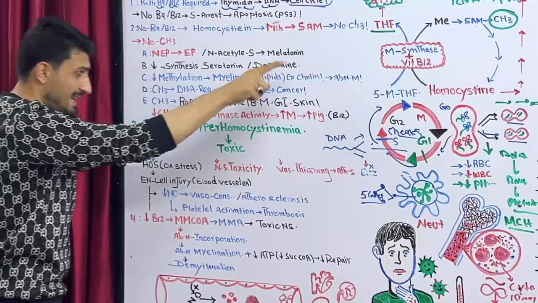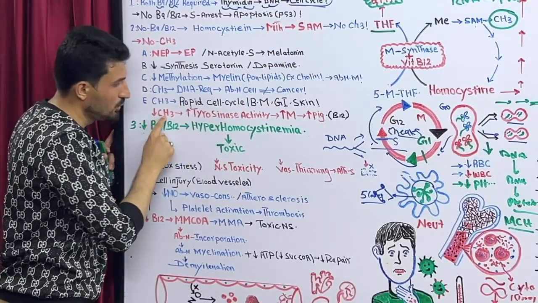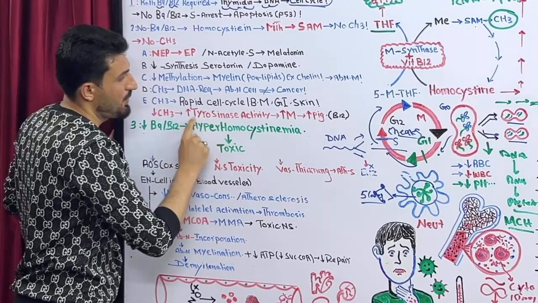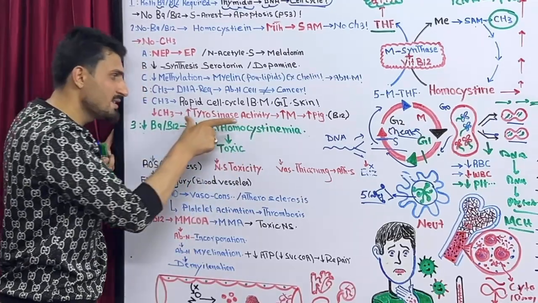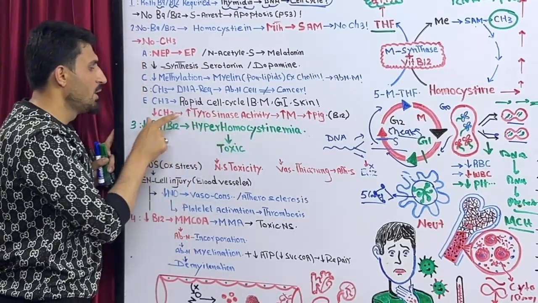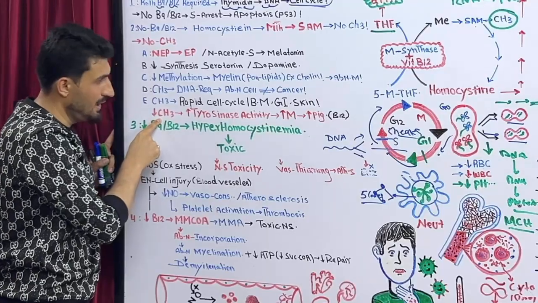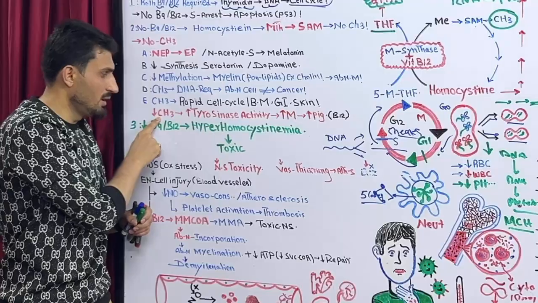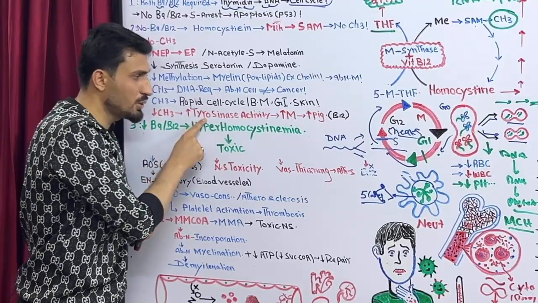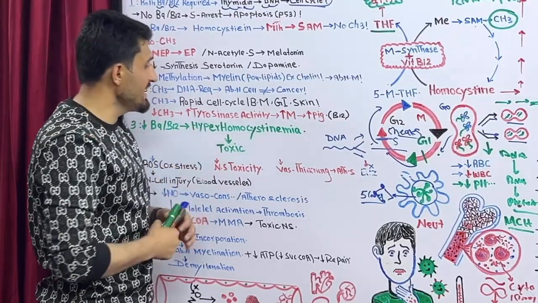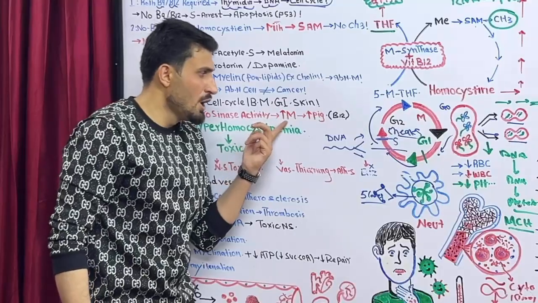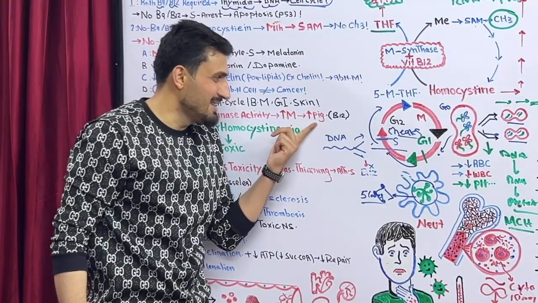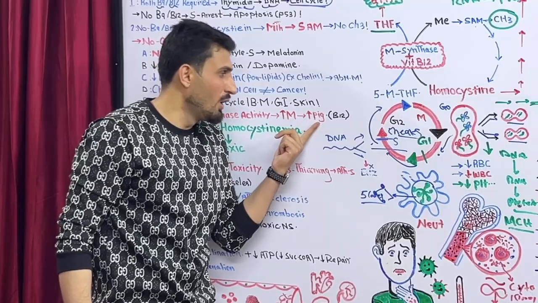Due to this less methyl group or less methylation, we cannot balance tyrosinase activity. This tyrosinase activity is related to methyl group. So now its activity increases. In the absence of methyl group, its activity increases, and when its activity increases, it causes production of more melanin, and melanin causes hyperpigmentation of the skin.